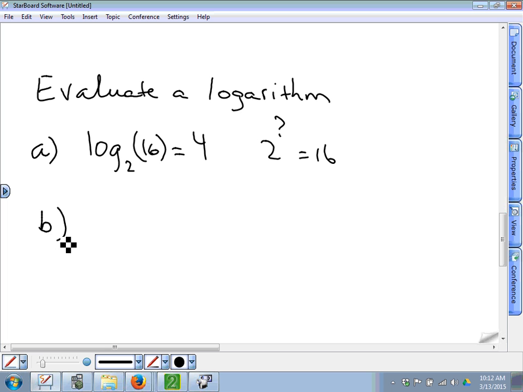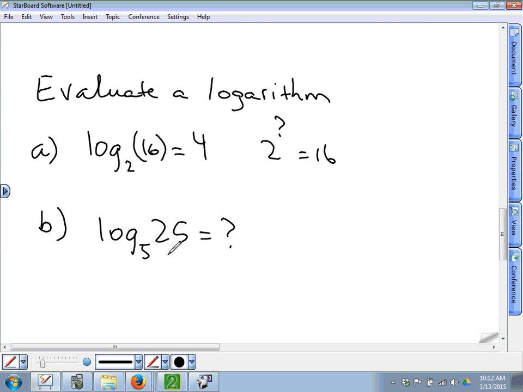So a problem like this, the one I just mentioned, log base 5 of 25. What would it have to be? 2, right? Again, you can think about this question. What power, because isn't this going to be an exponent?